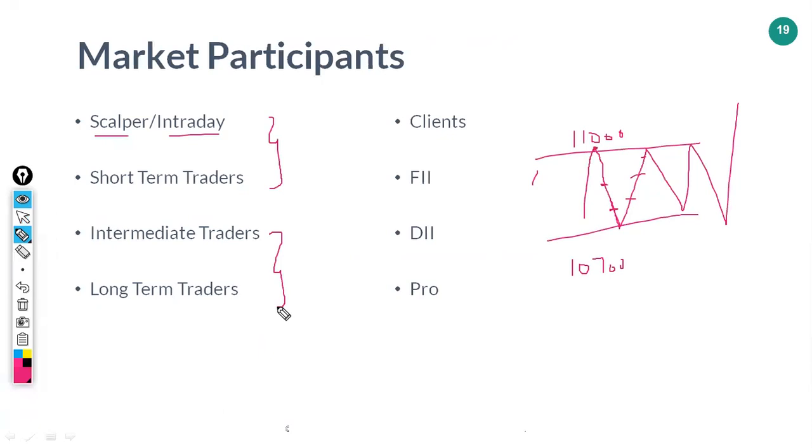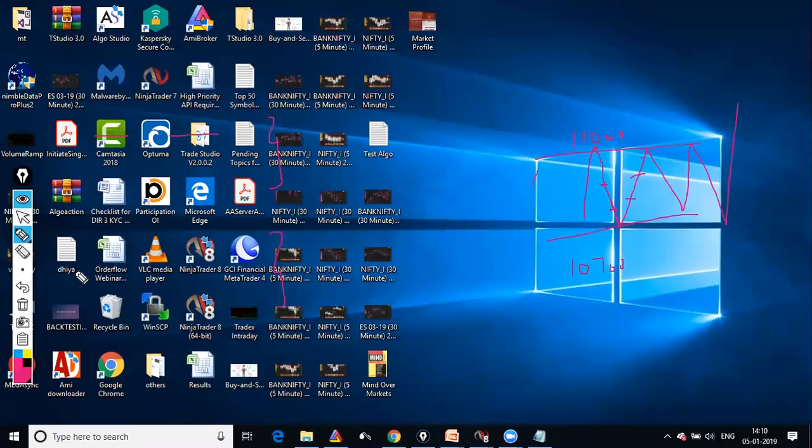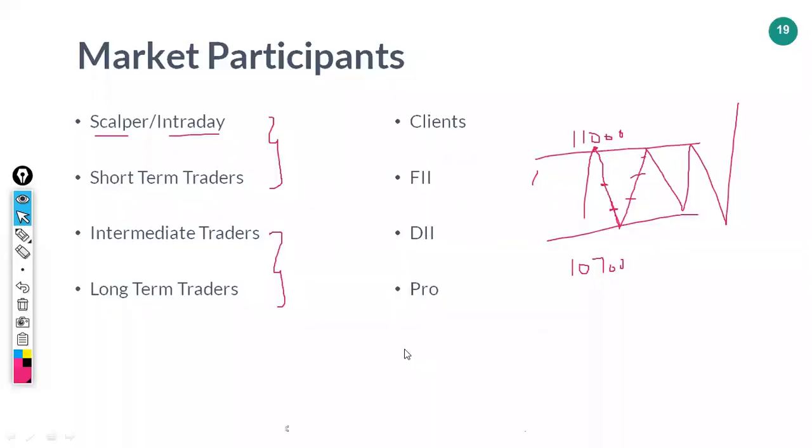Whereas a long-term or intermediate trader's domination is not active on a day-to-day basis. They might be adding positions here and there, but they take dominance at their own reference levels. The long-term trader might be watching a different level, something like a 52-week high. What are the levels watched by the long-term players?